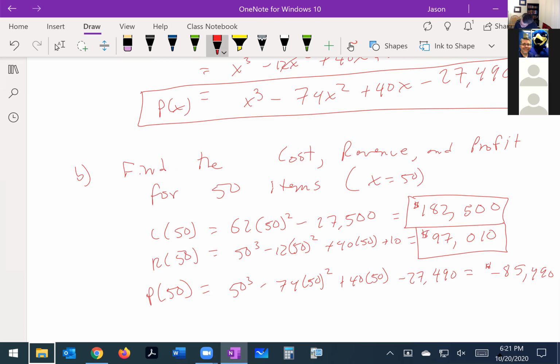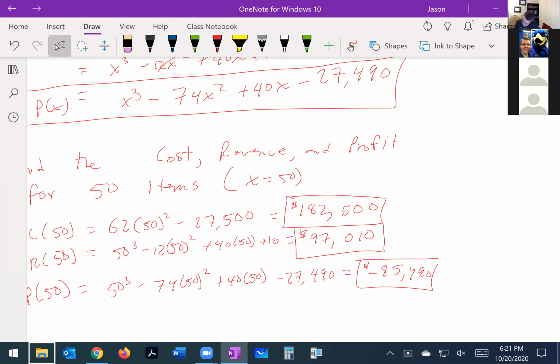So I have a net loss here. Does that make sense? Well, yeah, if I take 97,010 and subtract off 182,500, I get this negative result. This is the revenue minus the cost. So it's cost me a lot more. I haven't made up my cost yet at 50 items. I've got to sell a lot more than 50 items.